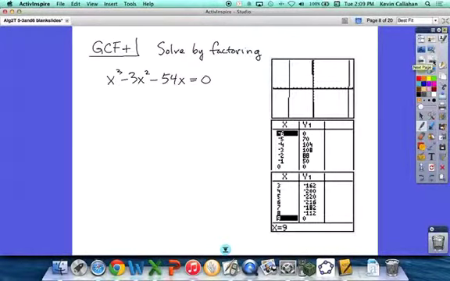So here's the greatest common factor plus, what I'm calling it. And so you look at, here's your polynomial equation to solve. Is there a greatest common factor? X. Every term has an x in it. So factor it out.